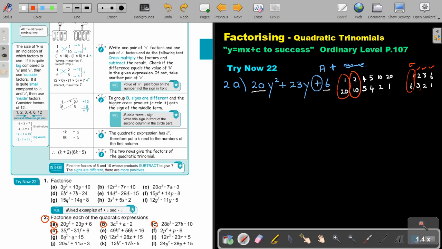So if I look at this one, it's going to be 12 and 10. No. Go to the second one. This is going to be 20 and 6. No. This is going to be 30 and 4. No. This is going to be 60, too big. Move to the next one.